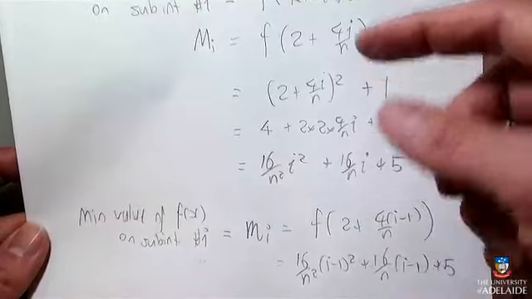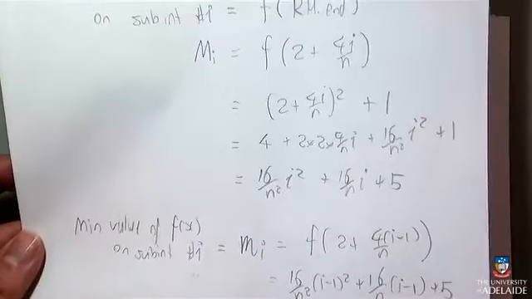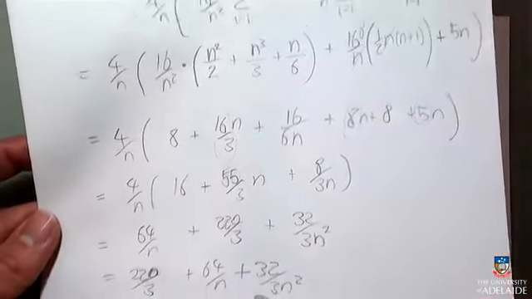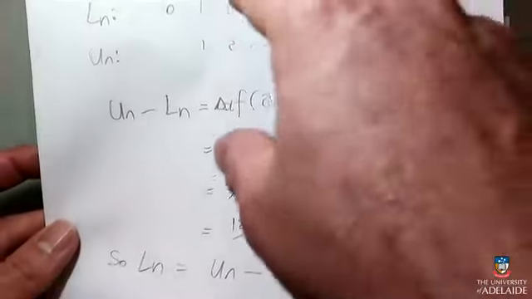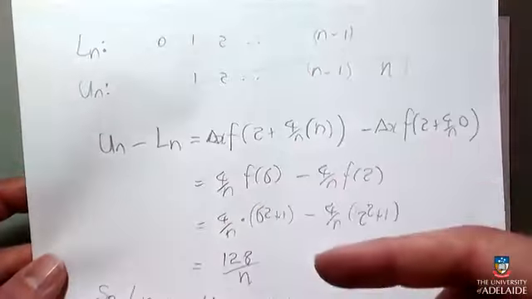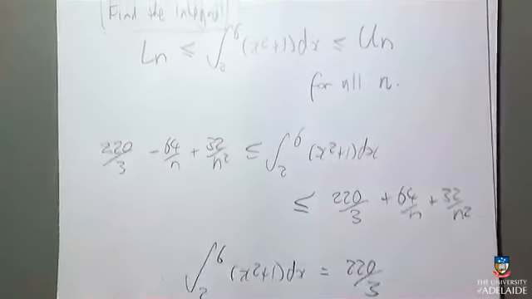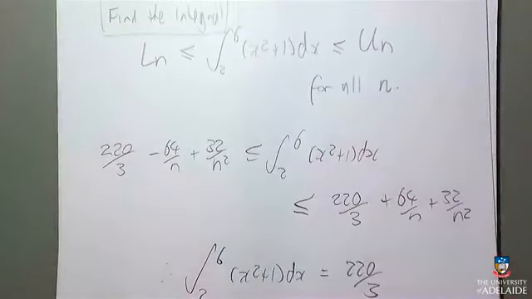And we chose the right-hand end one first because that's easier. And then we calculated the upper sum by doing all of our sum notation stuff. And then we calculated the lower sum from the upper sum using this trick here. And then we wrote some stuff and it said what the integral was. That's how that process goes.